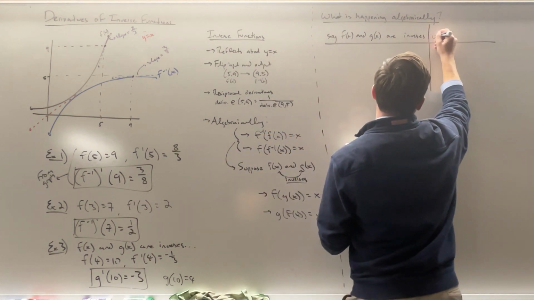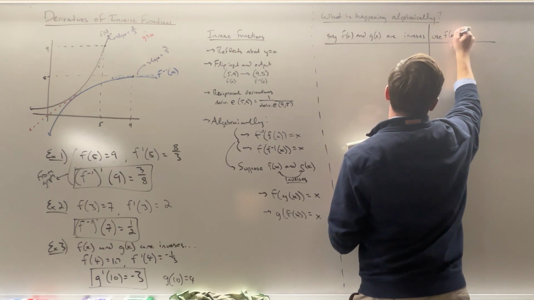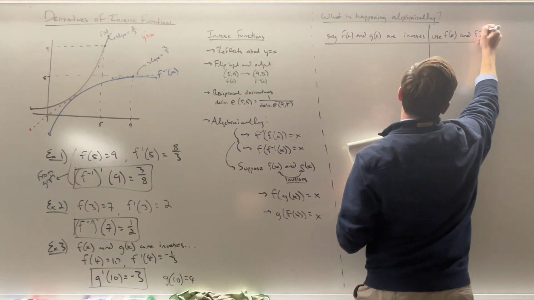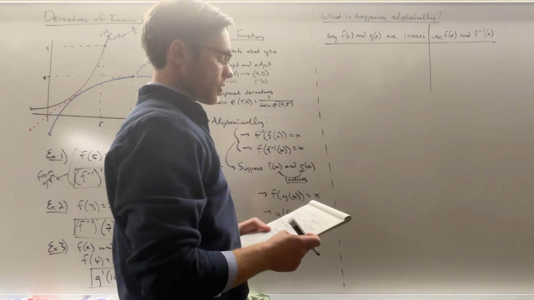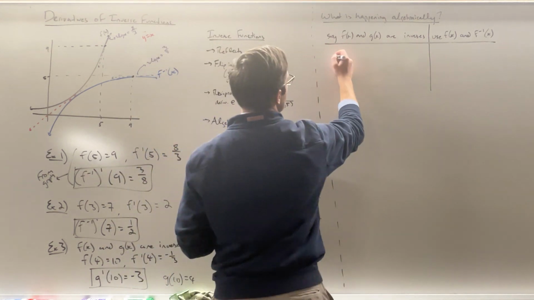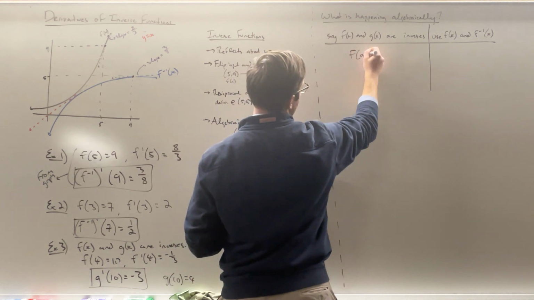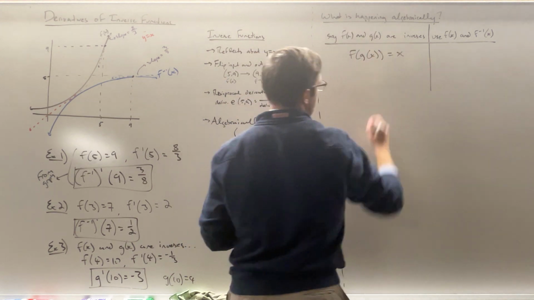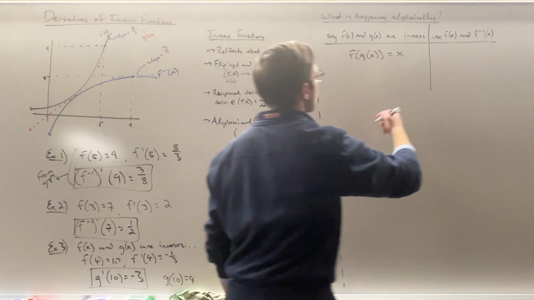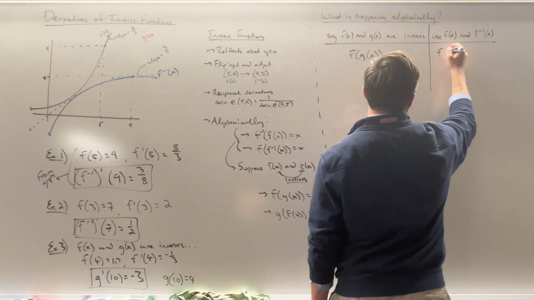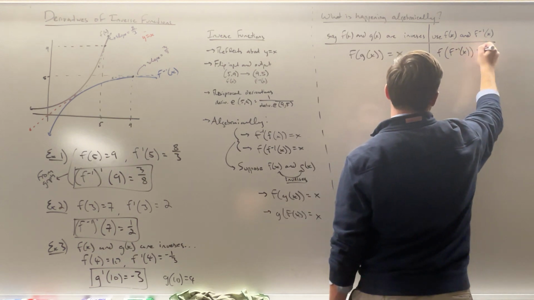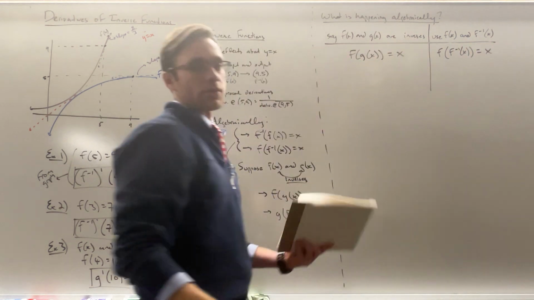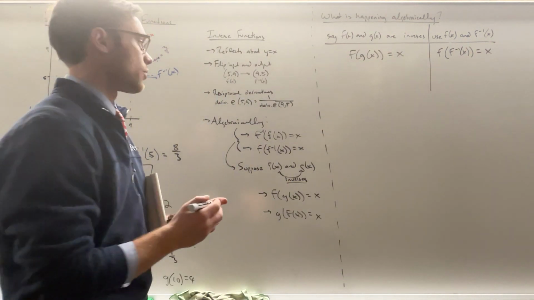And for this other side, we're just going to use f of x and the inverse function in terms of f inverse of x. Then we know that f of g of x is equal to x, and on this side, we know that f of f inverse of x is x, because inverses undo each other. So hopefully that is good so far.